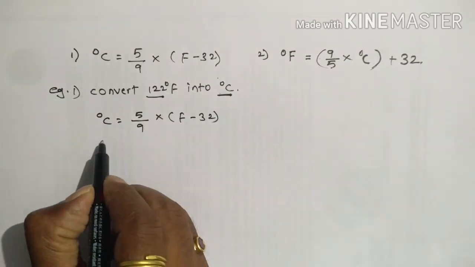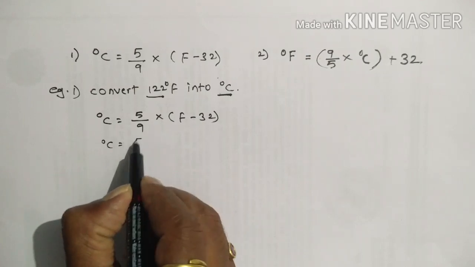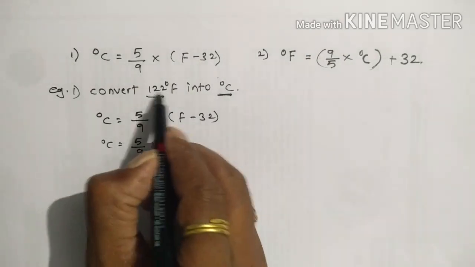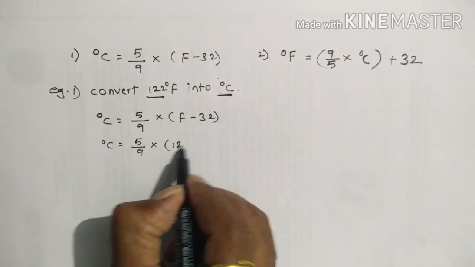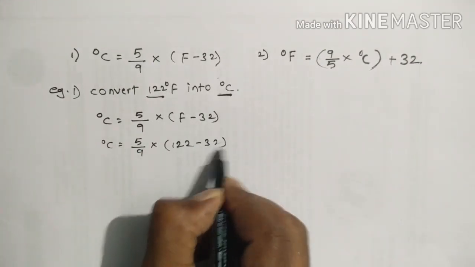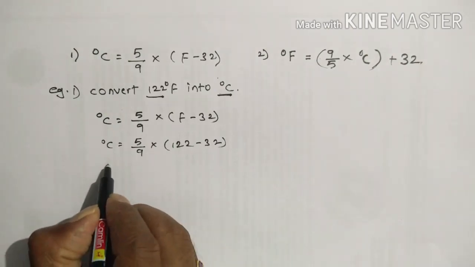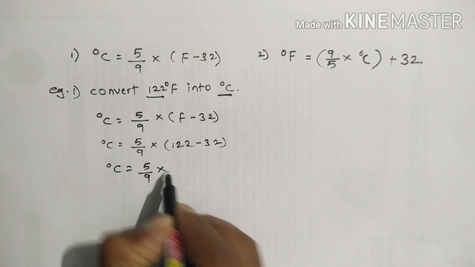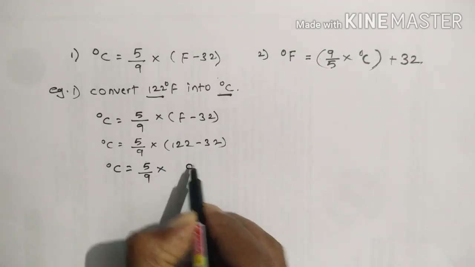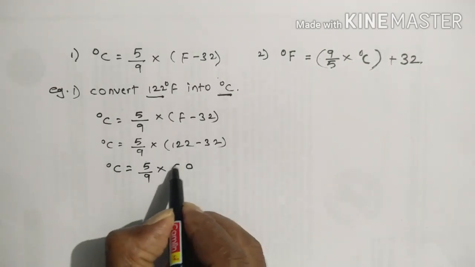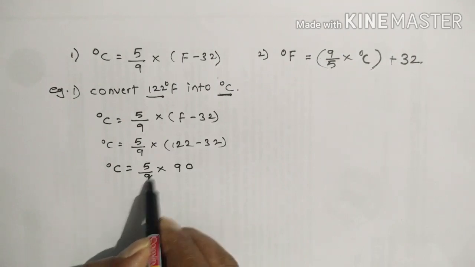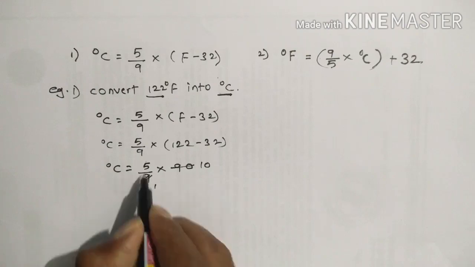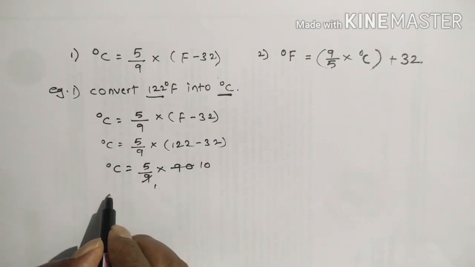So degree Celsius is equal to 5/9 multiplied by what's given here, F means Fahrenheit, that is 122 minus 32. So degree Celsius is equal to 5/9 multiplied by 90. Now simplify it: 9 ones are 9, 9 tens are 90, 5 tens are 50.